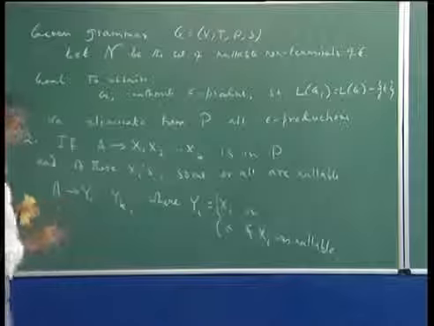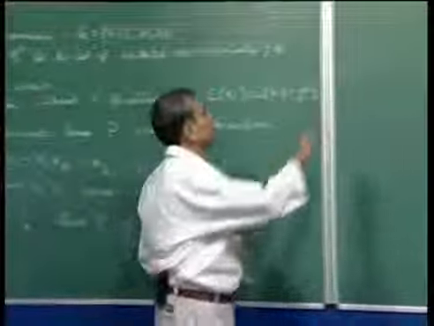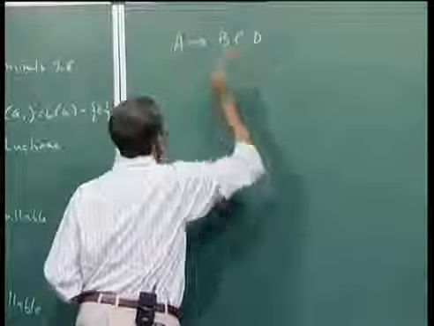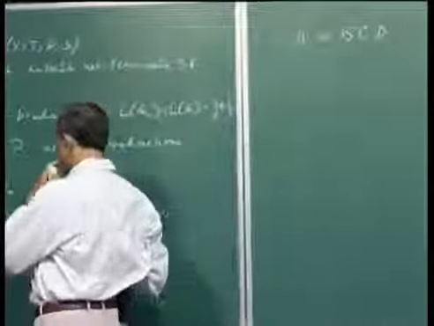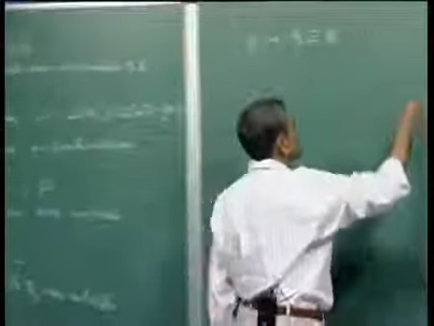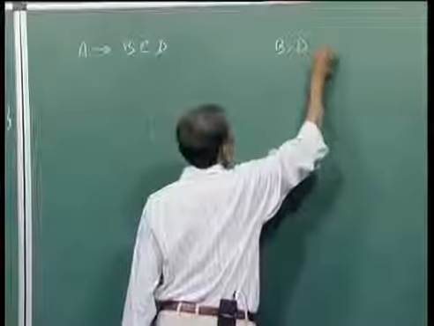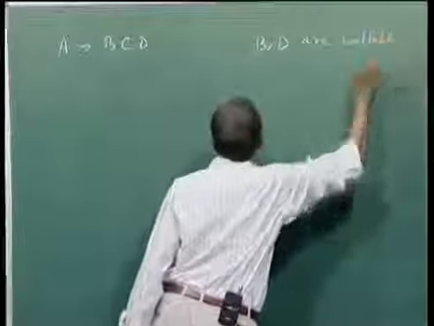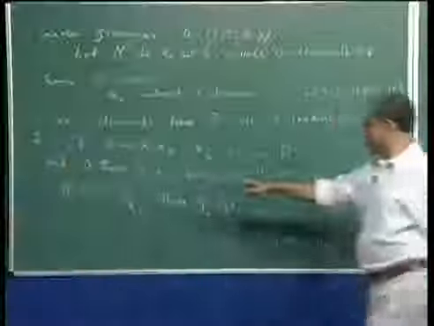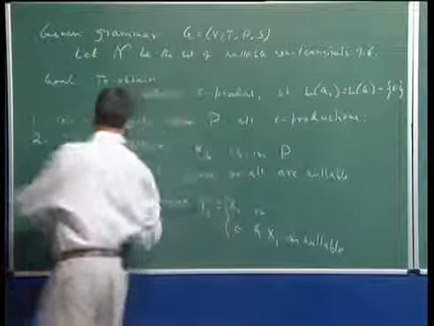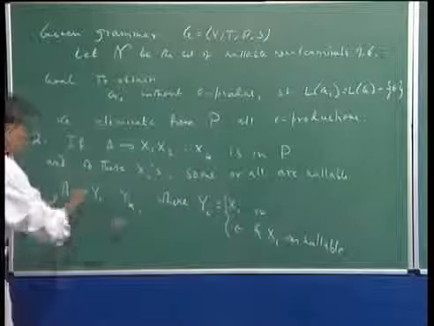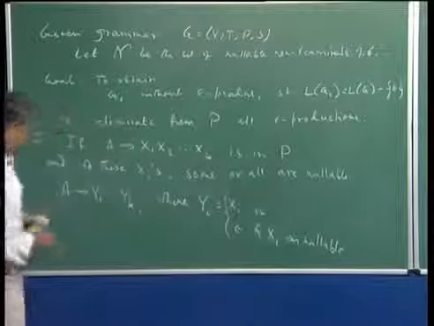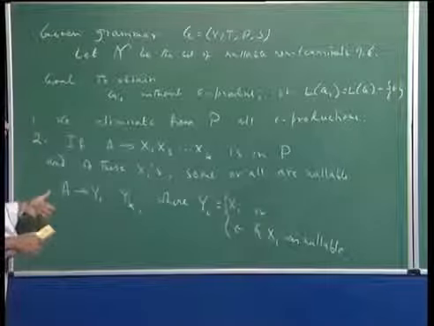So, let us take a simple example, that suppose I have A goes to B, C, D, and then out of this let us say B and D are nullable. Now, the way we have written it, you should realize that it is not really one production that we are adding.